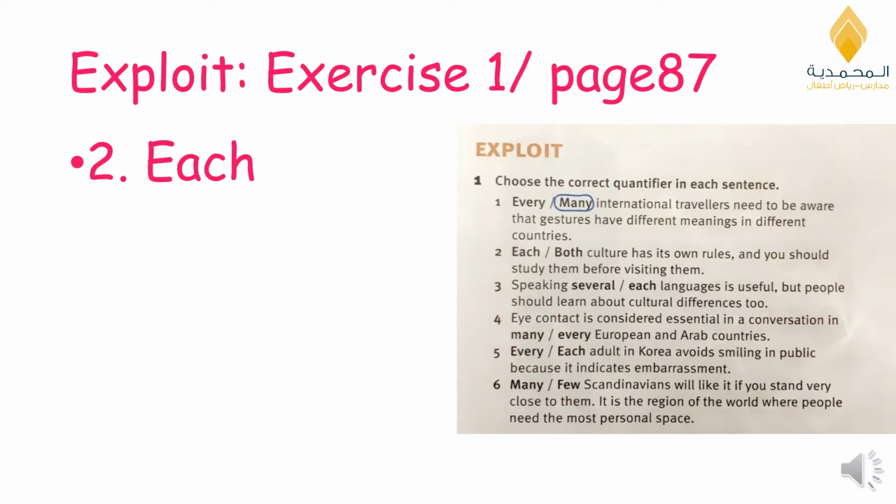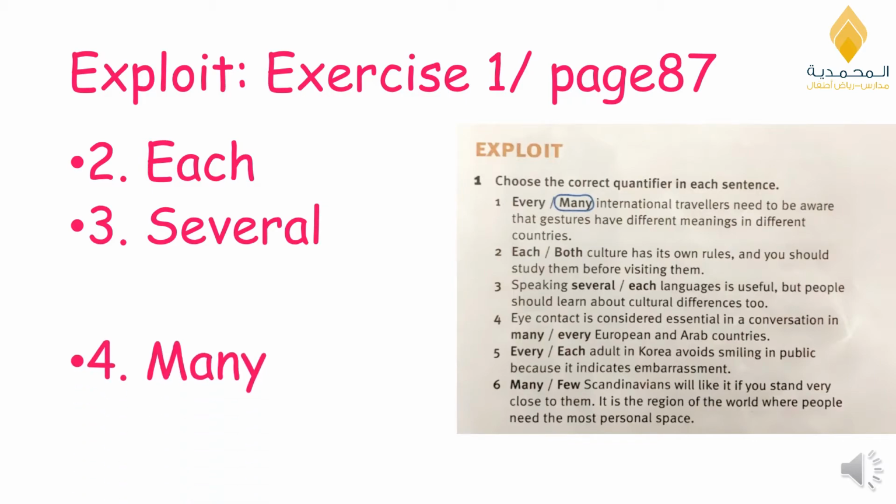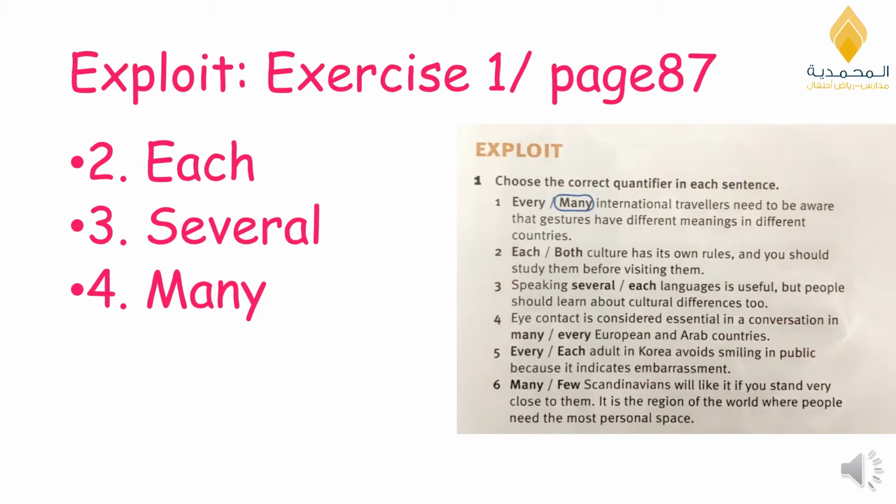Number 4, "Eye contact is considered essential in conversation in many or every European and Arab countries." What do I have to use here? I'm talking about European and Arab countries, so I'm using many European and Arab countries because they are countable nouns.